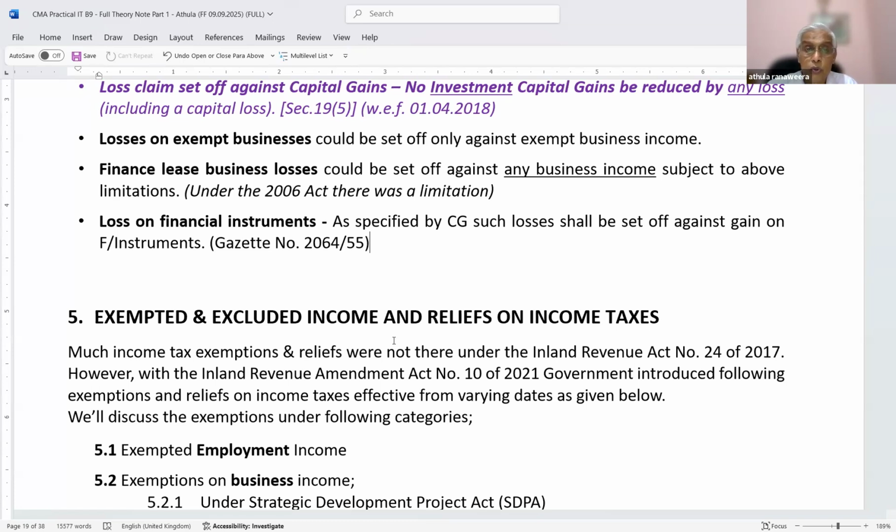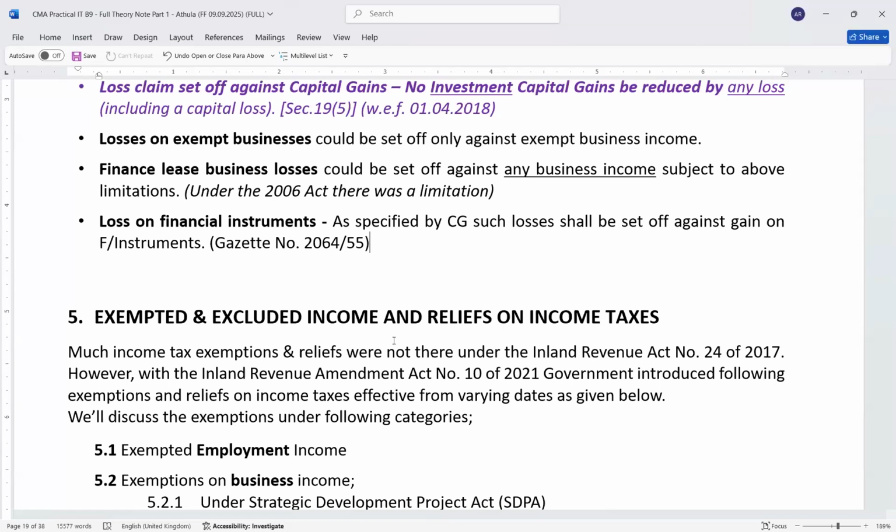Unfortunately, due to the country situation, the prices suddenly came down. I bought at 110 and sold at 105, so I incurred a 5 rupee loss. That 5 rupee loss you can set off against any other gain on financial instruments. Does it have to be debentures, or could it be shares? Any financial instrument.